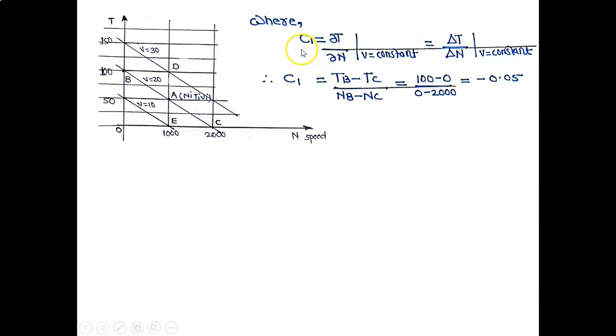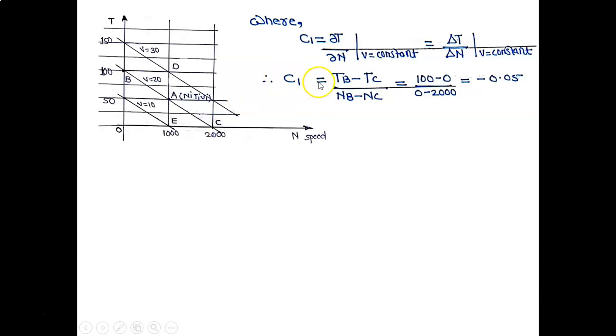First of all we will find C1. C1 is equal to dou t by dou n when V is constant, which is equal to delta t upon delta n when V is constant. What is V? Constant value of V is nothing but the mean value of V, that is V equal to 20. Therefore along this line BC we will find delta t and delta n.